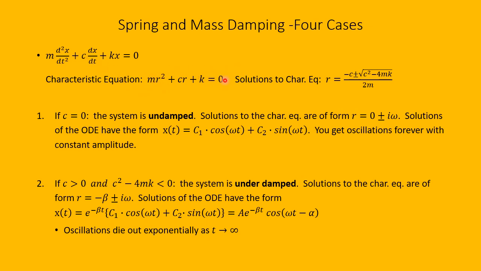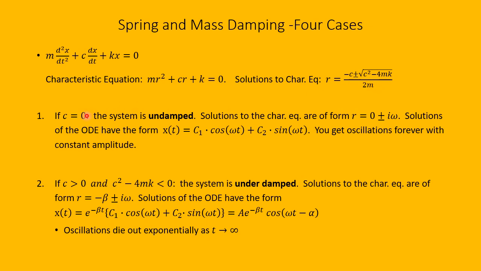It's an algebraic equation in R, a quadratic equation in R. Using the quadratic formula, we get that the solutions to this characteristic equation are R equals minus c plus or minus the square root of c squared minus 4mk, divided by 2m.